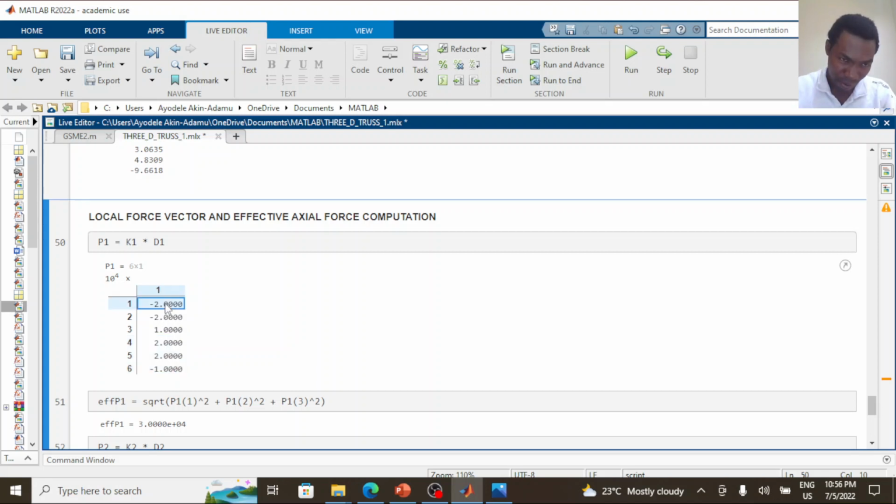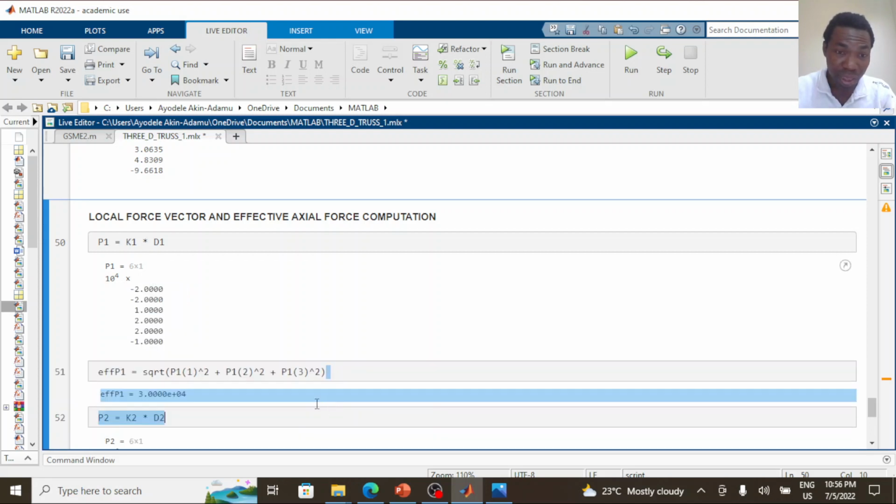If you want to get the resultant axial force in the truss element, we can just find the resultant of the force at one of the nodes. For this element, let's find the resultant of these three forces.